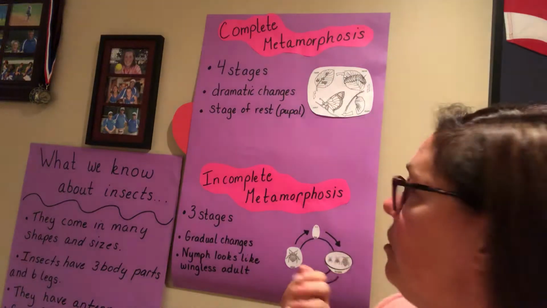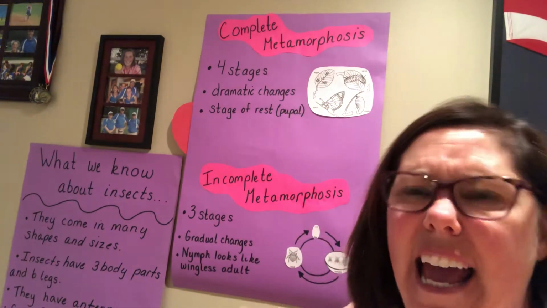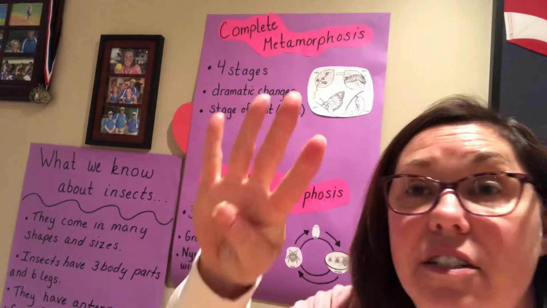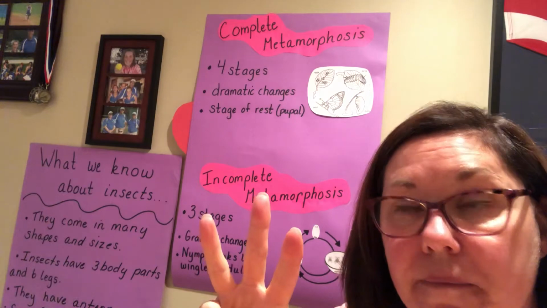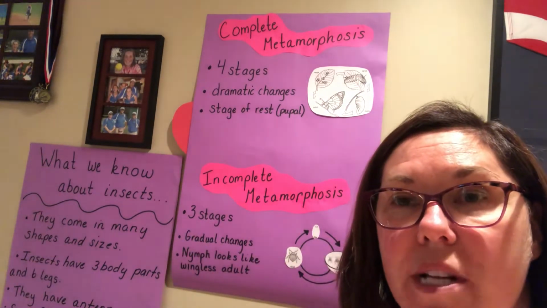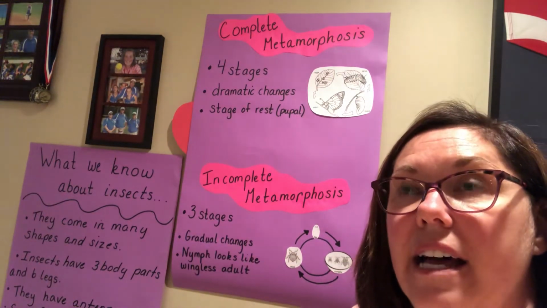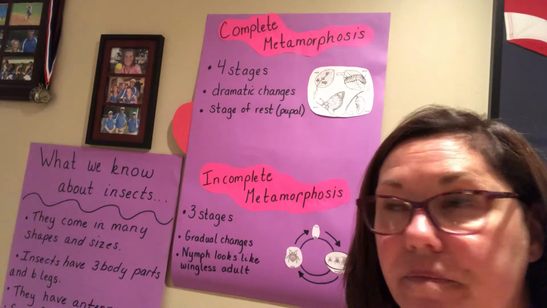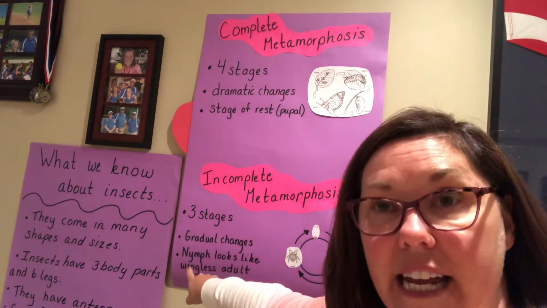Then there's another type of metamorphosis that's called an incomplete. And I think they called it incomplete because it doesn't go through 4 stages, but they go through 3 different stages. And the changes that we notice are gradual. They're not as dramatic. They're not as large. And there's what we call a nymph stage.